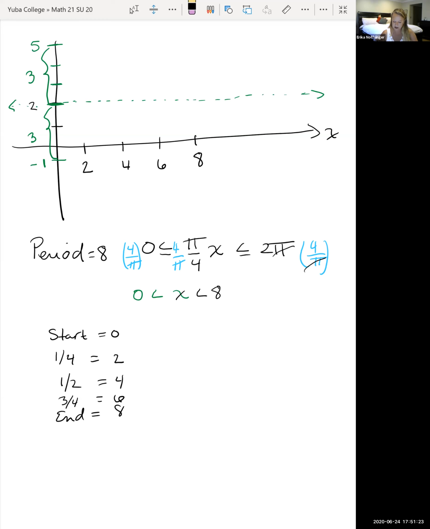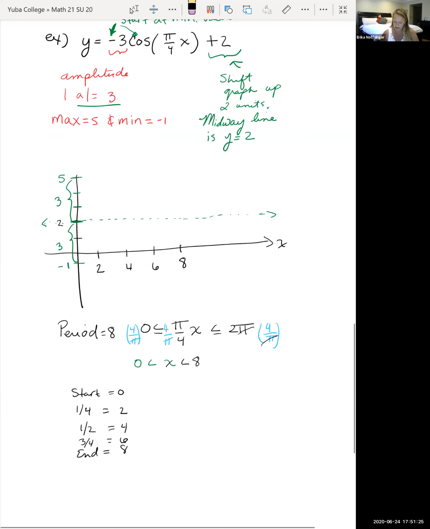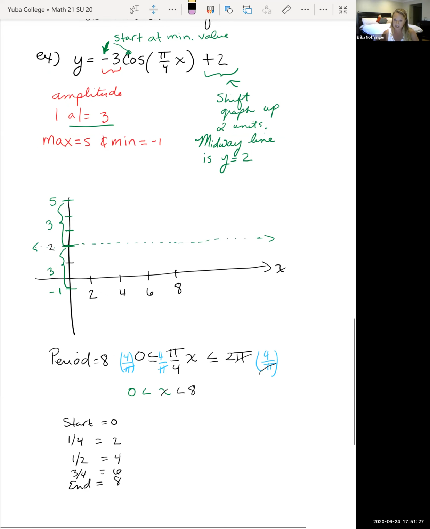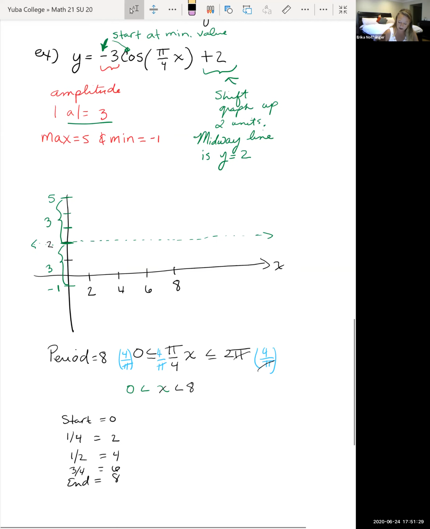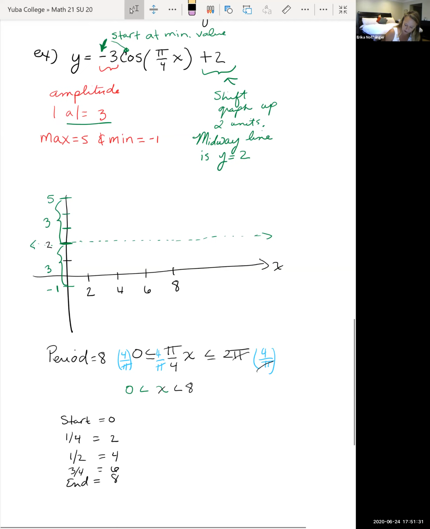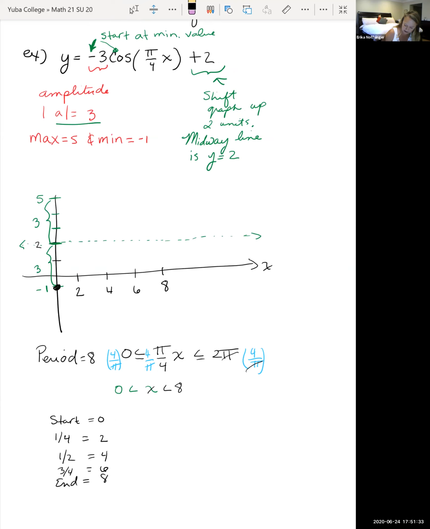Again, it's cosine, so we start at our max or min, but there's a negative in front of the coefficient, so we start at our min. We're going to start at this point at 0, -1. At 2, we're going to hit our midway line. At 4, we're going to hit our max. At 6, we're going to go back and hit our midway line.